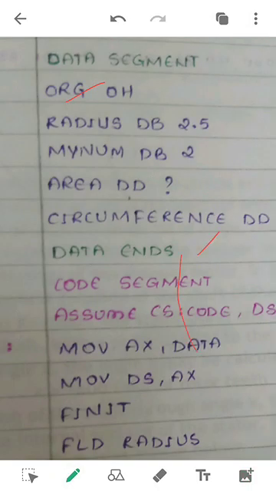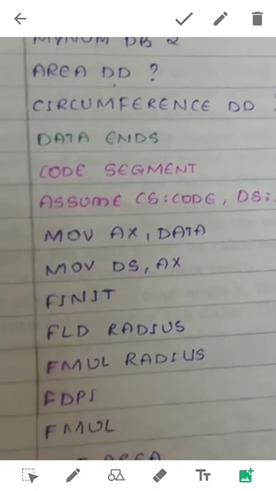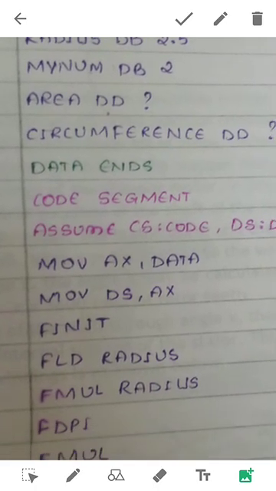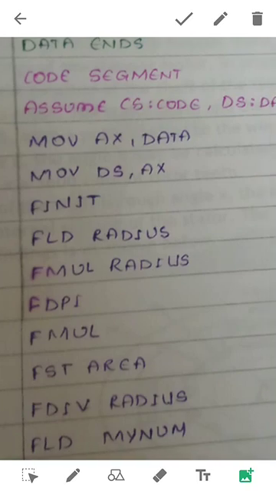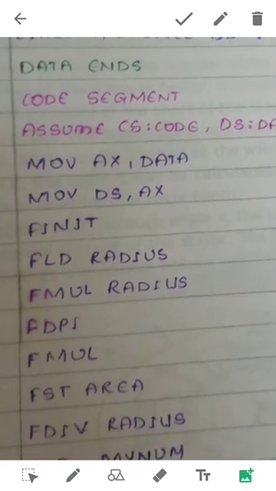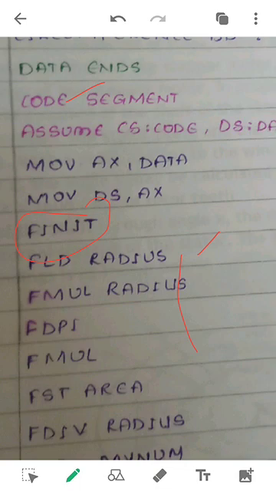Then we have the code segment, that is also the 8086. Assume CS, data, mov AX, data, mov DS, AX. Now coming to this FINIT, this F means this instruction belongs to the 8087.